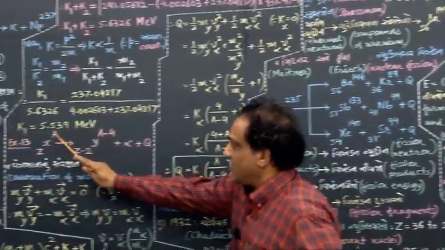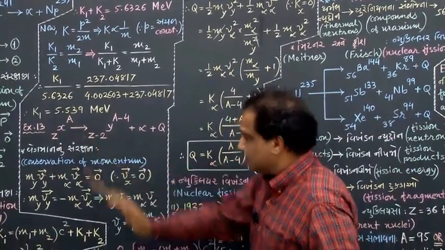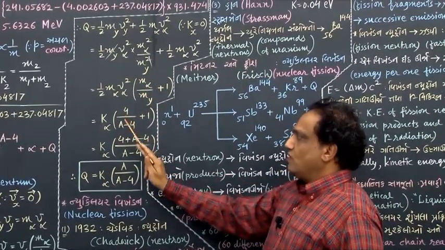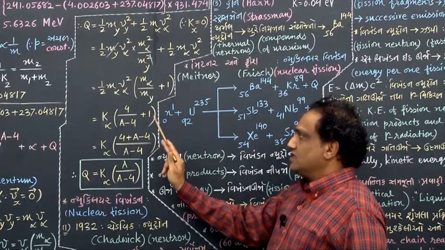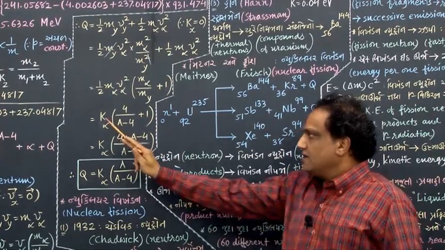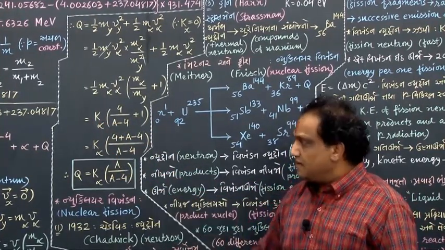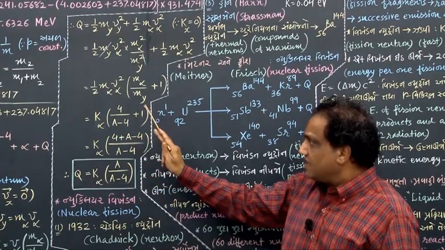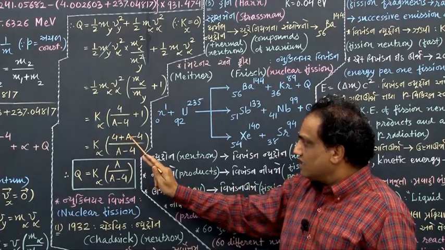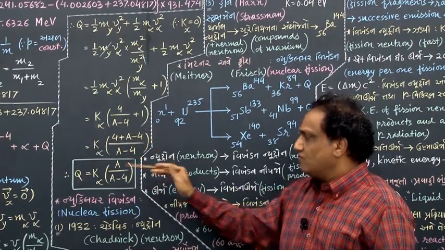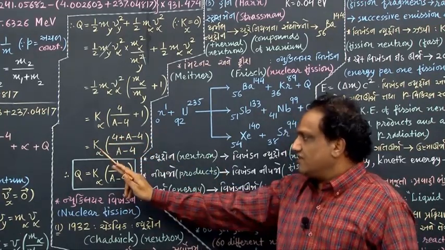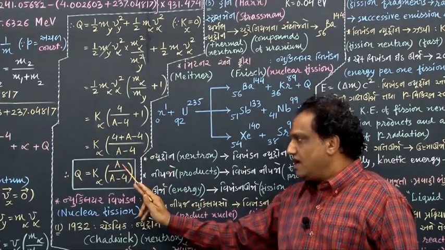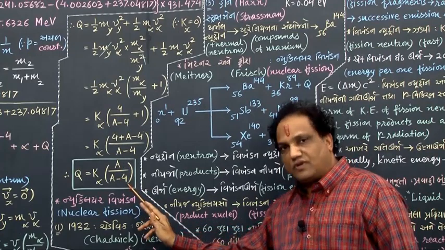So this is 4 upon A minus 4 plus 1. Now simplify. K alpha as it is, take LCM, it will be A minus 4. This A minus 4 will be multiplied here. So 4 plus A minus 4. 4 minus 4 will cancel. So left is K alpha into A upon A minus 4. Correct?